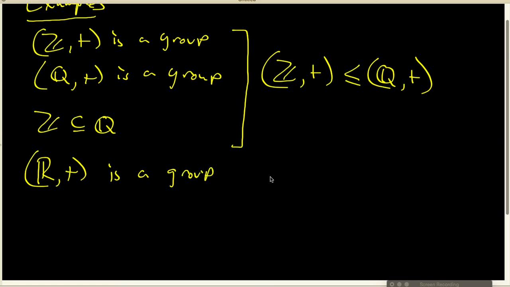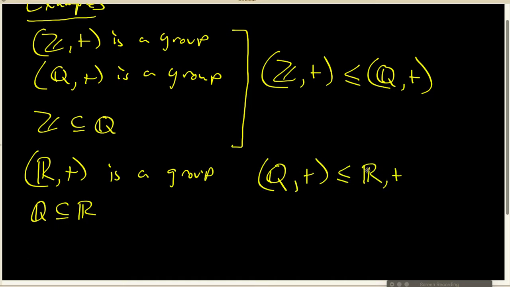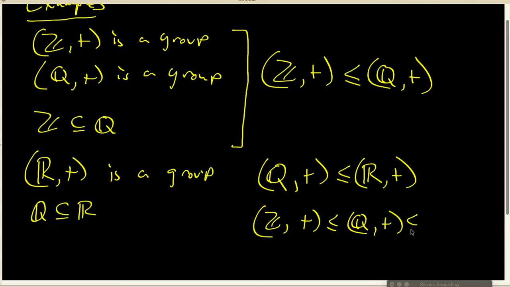And we know that Q is a subgroup of R, so we know that Q under its plus is a subgroup of the real numbers under its plus, and as a consequence, we also know that the integers, which are a subgroup of the rationals under addition, which is a subgroup under the reals, this is enough to say that the rationals are also a subgroup of the reals under addition.